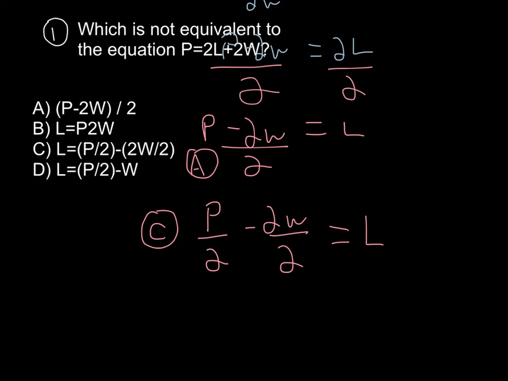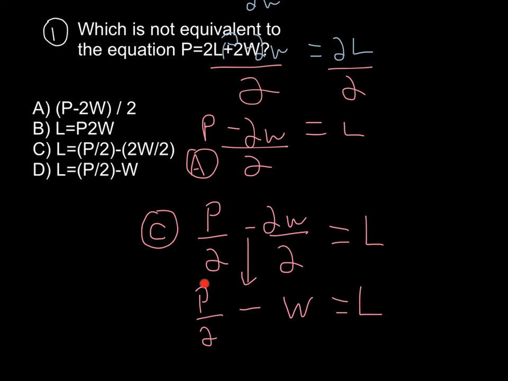Alright, so simplifying this just a little bit further, we can't actually take care of this anymore because it's the same thing. So I'm just going to rewrite that as P over 2. But this part can be simplified. You'll notice that there's a 2 here and a 2 here that we can cancel each other out. So our negative just comes down from here. Our 2's cancel and we're just left with W though.